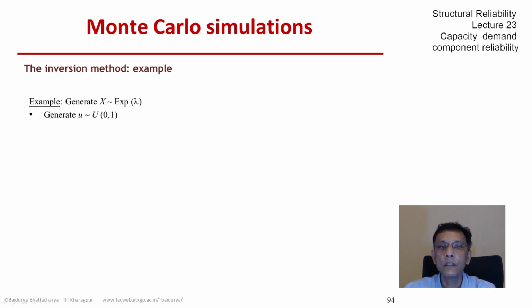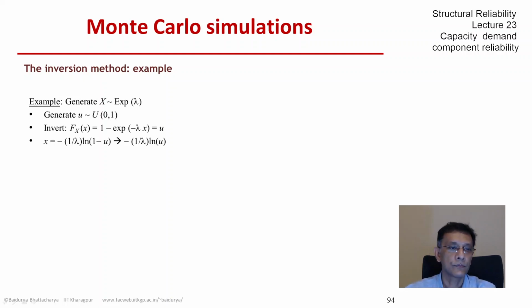So we will generate the uniform u and then equate that to the CDF of the exponential. So that gives us 1 minus e to the power minus lambda x is equal to u. And that we can invert and write x as negative 1 over lambda times log of 1 minus u.